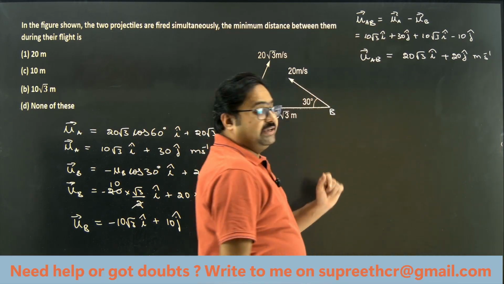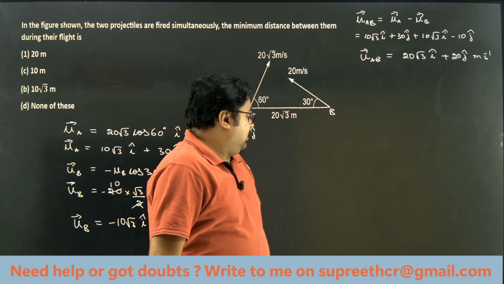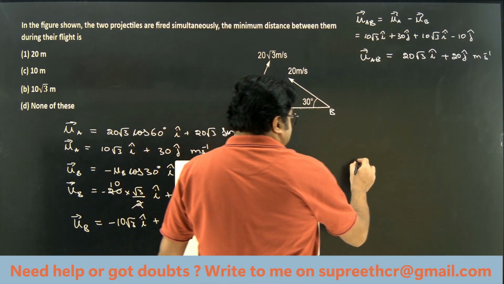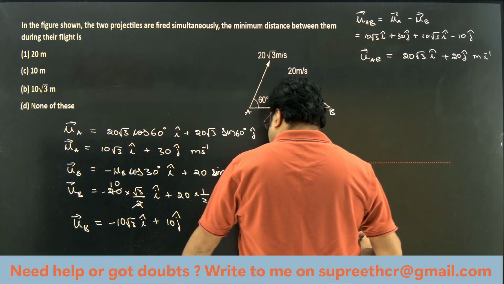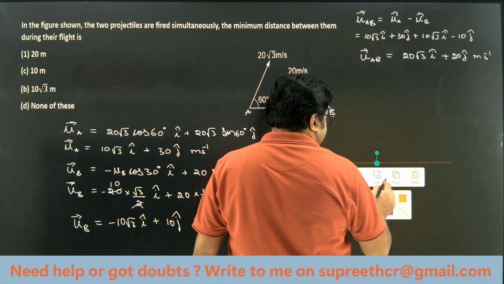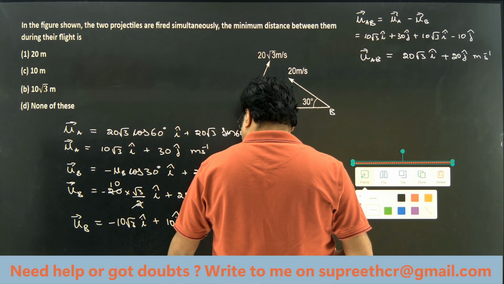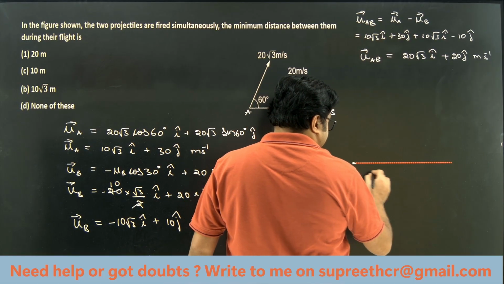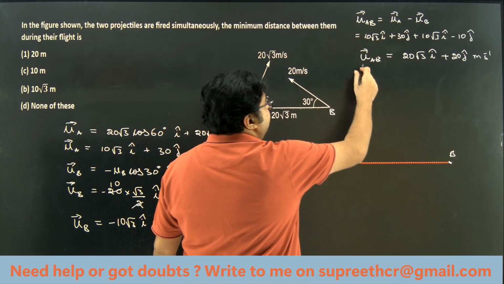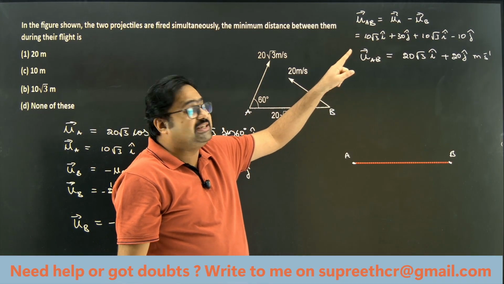So this is the velocity of A as seen by B, and if you imagine this whole event occurring, let's assume that the dotted line that I have drawn marks their initial positions. Let's say we have A here and B here. What we have computed here is the initial velocity of A as seen by B.